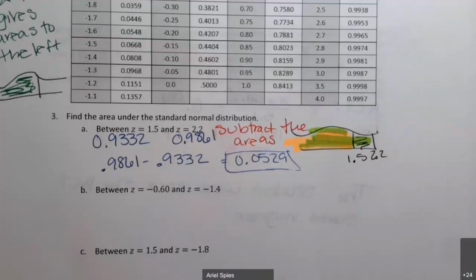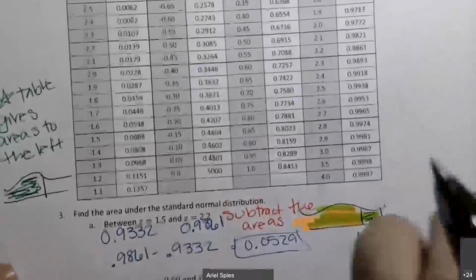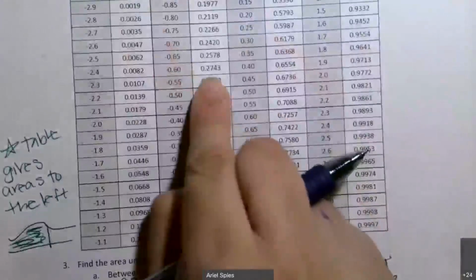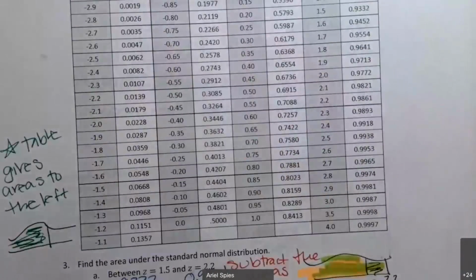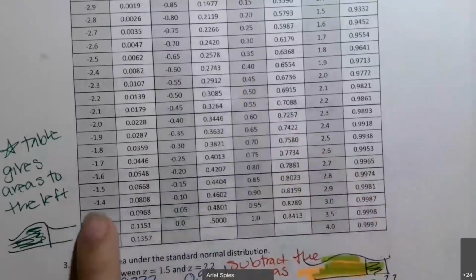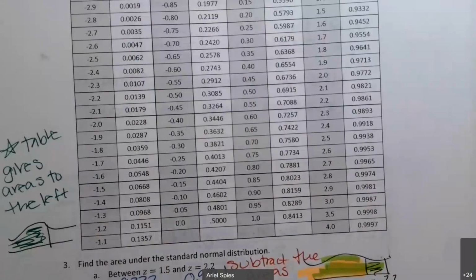Any other questions here? So the next one wants me to find it between negative 0.6 and negative 1.4. So if I look over here, I want to look for negative 0.6, which is 0.2743. And then negative 1.4 is here, which is 0.0808.